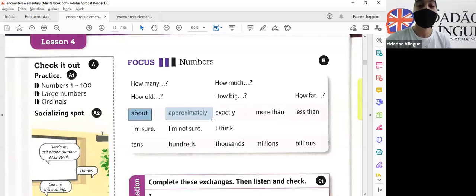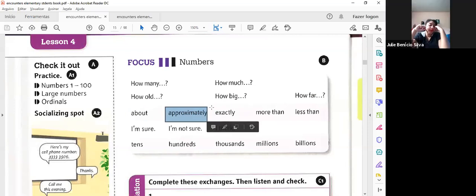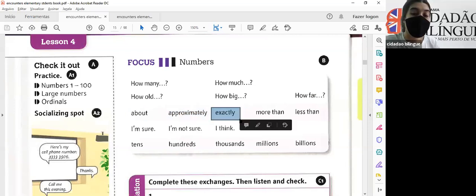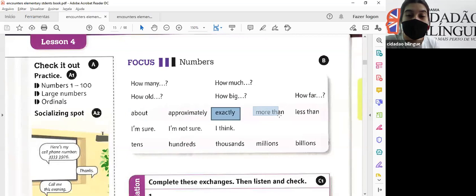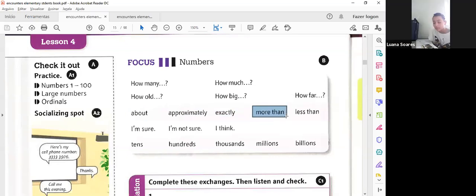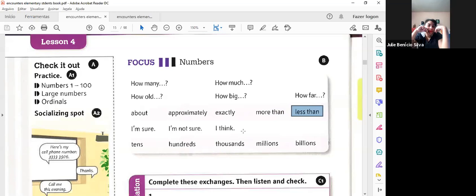Ok? Mais ou menos. Approximately. Aproximadamente. Very good. Exactly. Exatamente. More than. Mais que. Very good. Less than. Menos que.